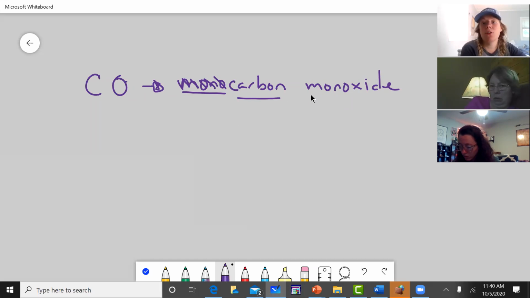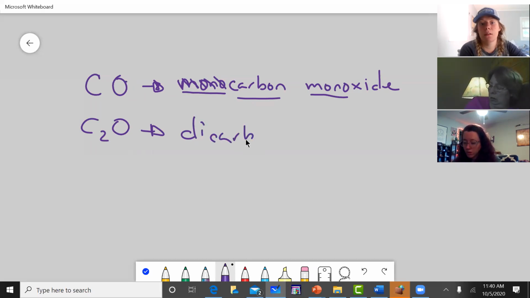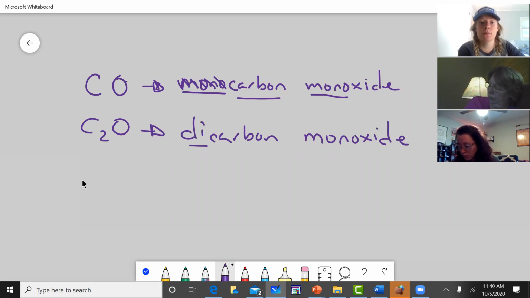Mono is not allowed to be dropped on the second, and you can't drop any other prefix besides mono on the first. So if I wrote this, C2O, I would not call this carbon monoxide. I would have to call this dicarbon monoxide, because we don't drop anything greater than the mono. We don't reduce.